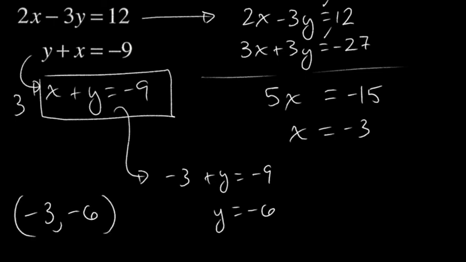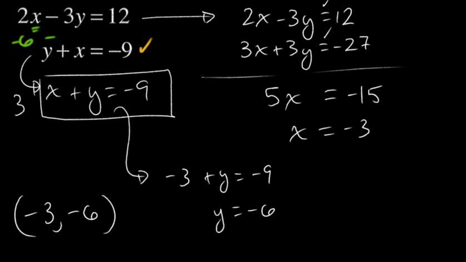And if I check that, certainly when I add that x and y, I do satisfy the second equation, right? Definitely. -6 plus -3 is -9. And thinking about the first equation, if I double -3, that becomes -6.